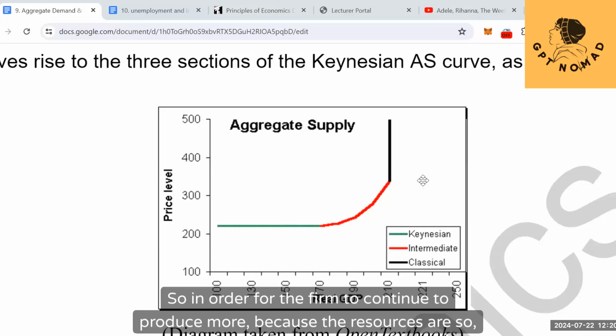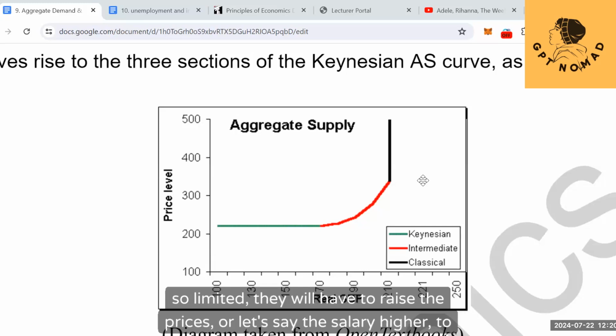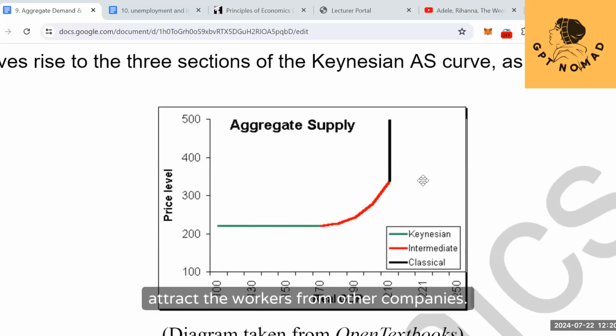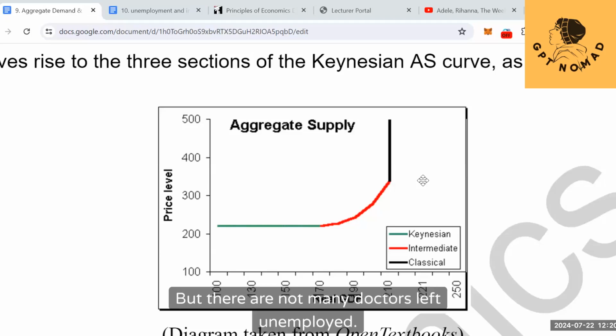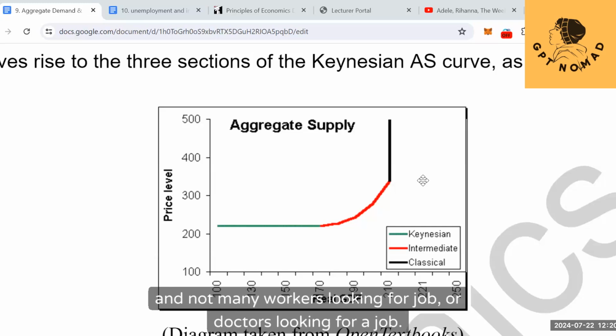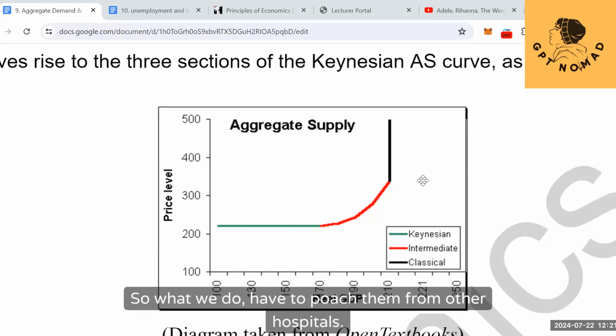So in order for the firm to continue to produce more, because the resources are so limited, they will have to raise the prices, or the salary, higher to attract workers from other companies. Say we want to find a doctor to expand our hospital, but there are not many doctors left unemployed or looking for a job.